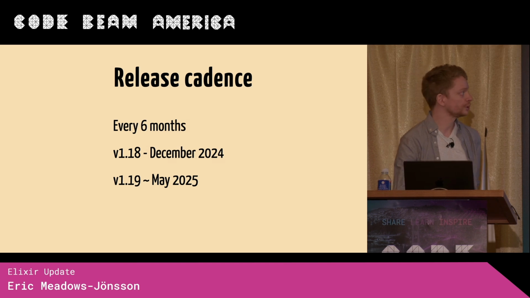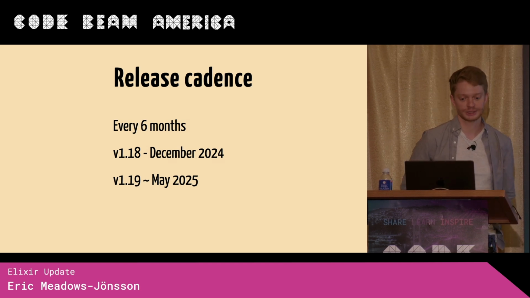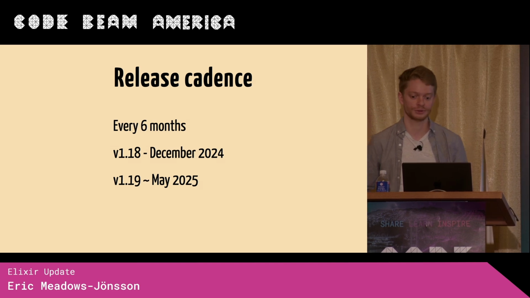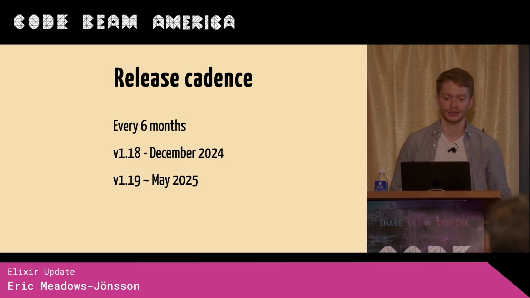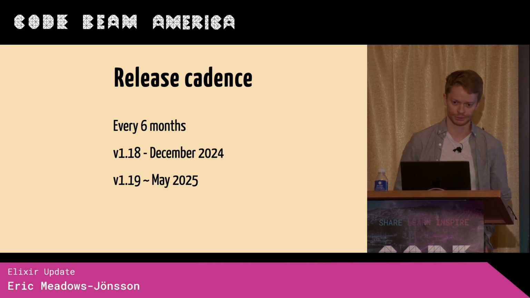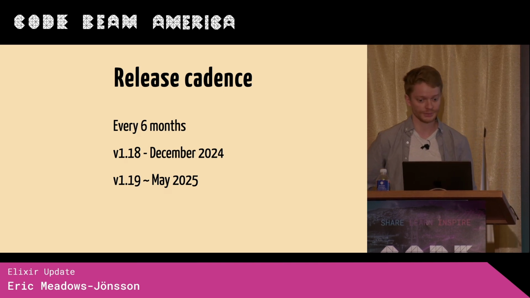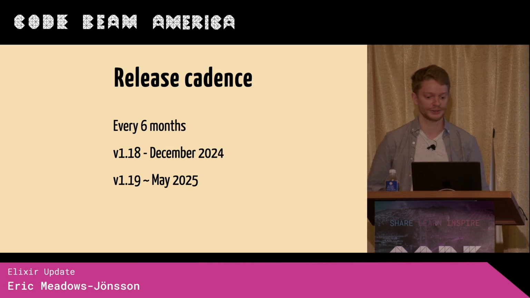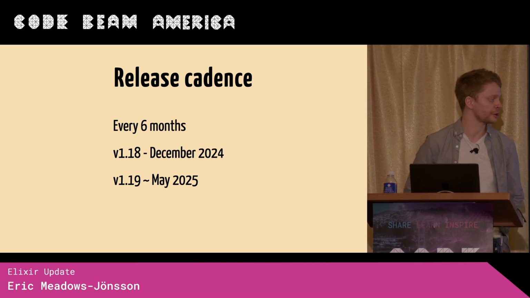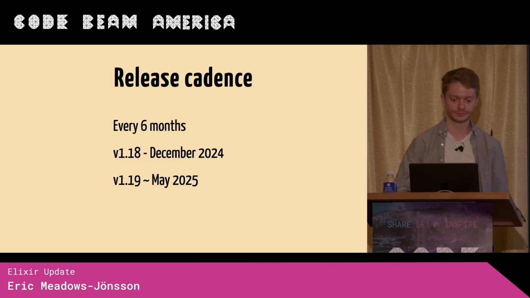So we do new releases every 6 months or so. We're still on the first major version, so we haven't done any breaking changes since the release of 1.0, which is also over 10 years now. And there's currently no plans for releasing a version 2.